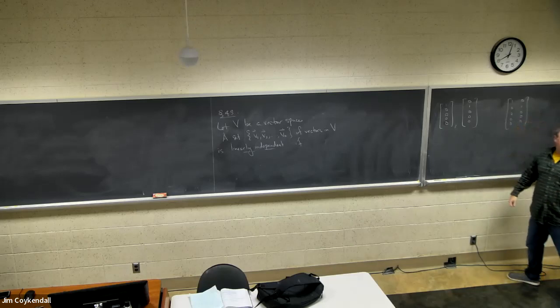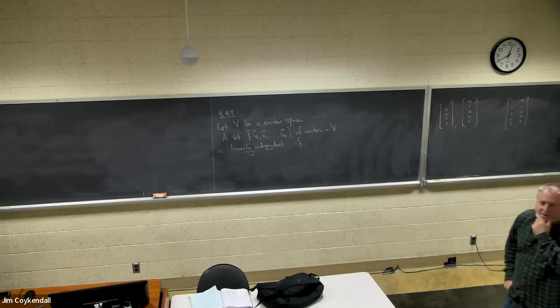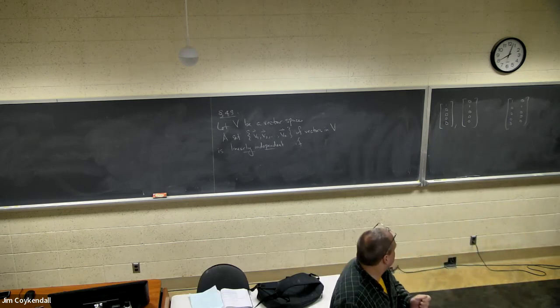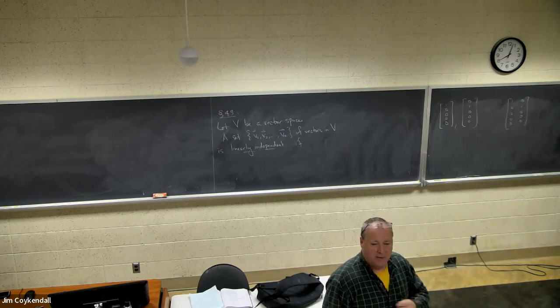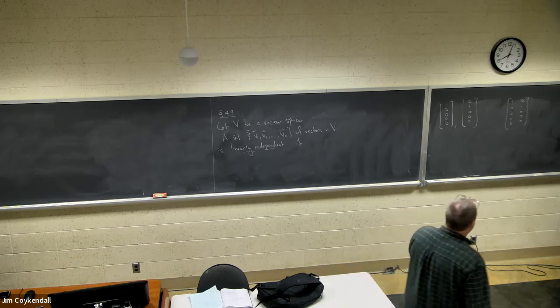If you put these two column vectors in the matrix, are they linearly independent? What's the rule? How can we tell? We need every column to be a pivot column. Is that the case here? Yes, these are linearly independent.